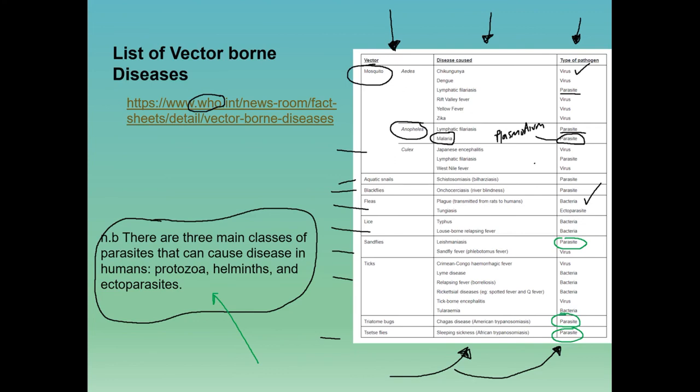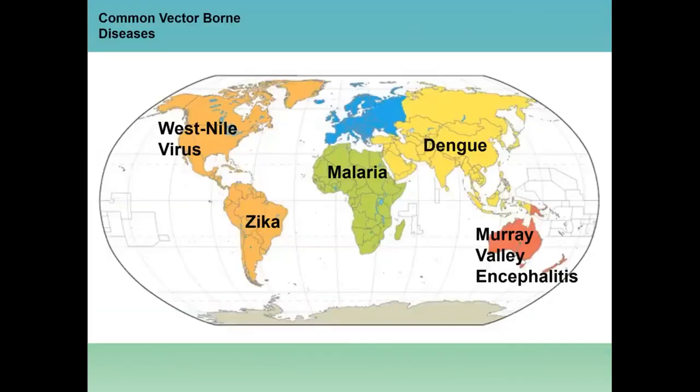So here is like an overview. This is a kind of umbrella. These are the different diseases that can be caused by vector-borne diseases. But then I'd expect you to go into at least one in detail about how that transmission occurs.